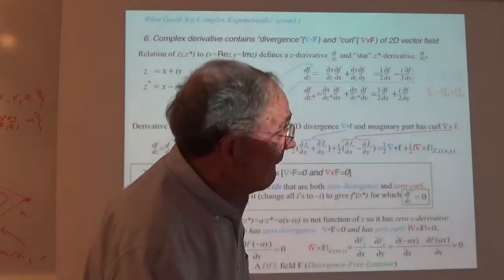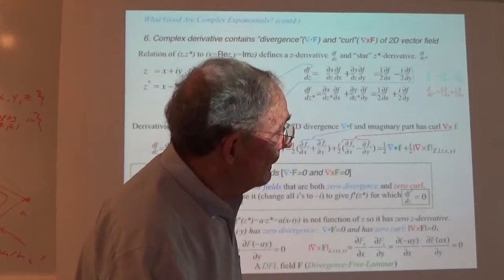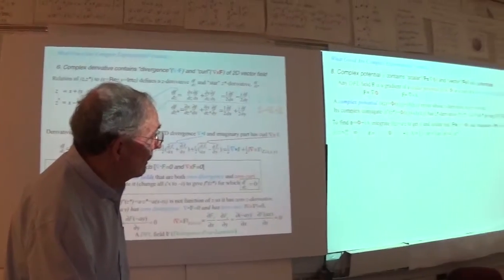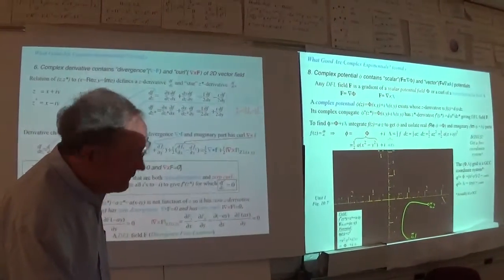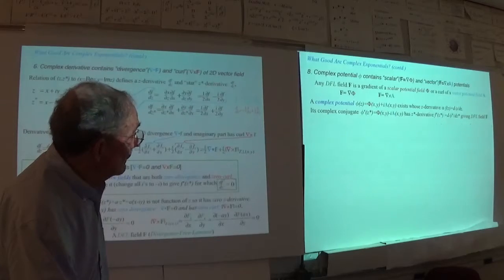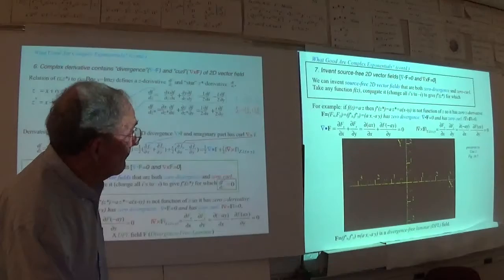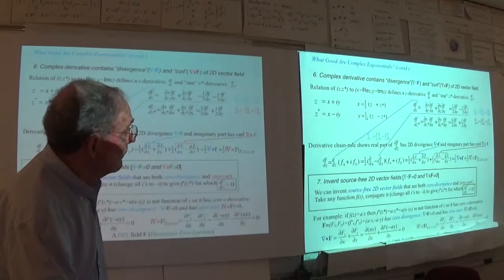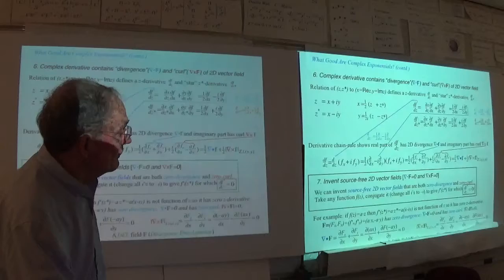Okay, now I'm going to zip this ahead so that we have two views of all of this stuff here. There's the thing where we actually work out the integral, but before that, here's the source-free thing, and here's the derivation that we just did.